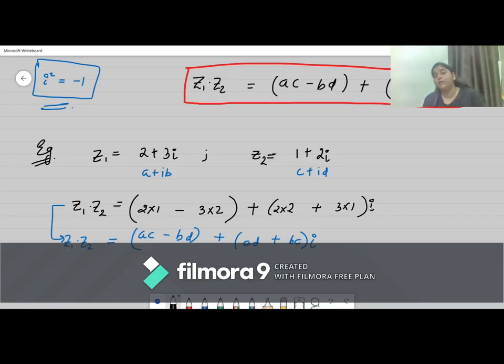Iota is very important. It will take your marks. So do not forget to put iota. Just as in physics it is compulsory to write units with the answer, in complex numbers you need to be very careful about iota. Okay, iota will take your marks.